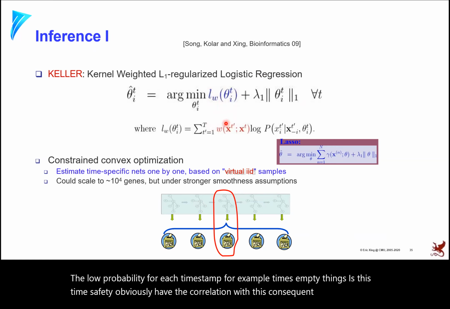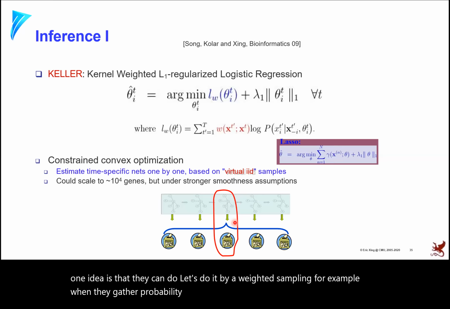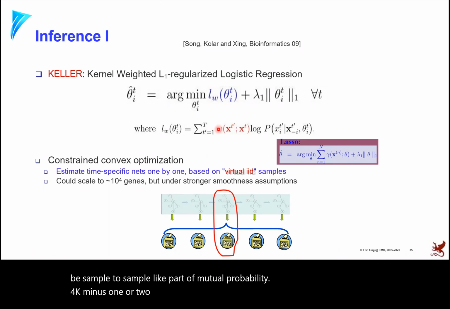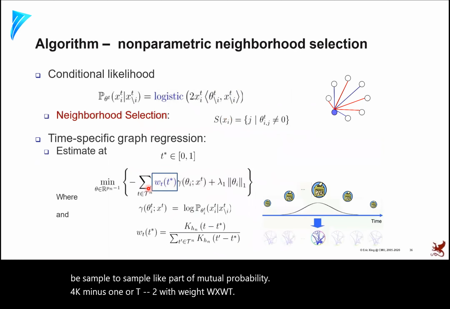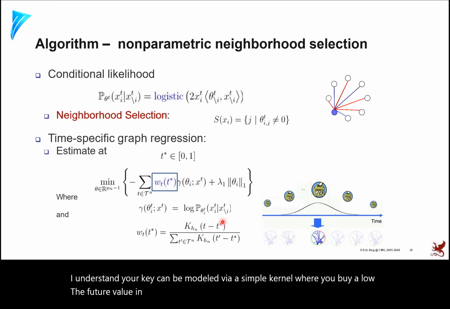So one idea is that they do it by a weighted sampling. For example, when they get a probability for timestamp t, we also have a probability to sample the mutual probability for t minus 1 or t minus 2 with weight w_t. And this w_t can be modeled via a simple kernel value by the feature value in timestamp t and target timestamp t star.